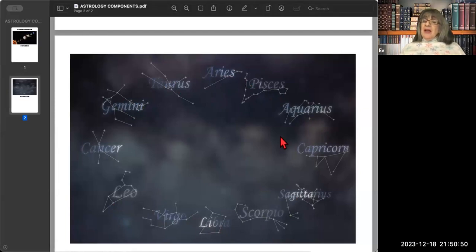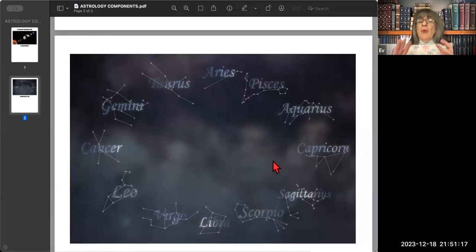So, not only do the planets move around, but so does the sign belt. It's representative. It also moves, okay? Because it has to do with the time of the year. And that's why everything is moving.